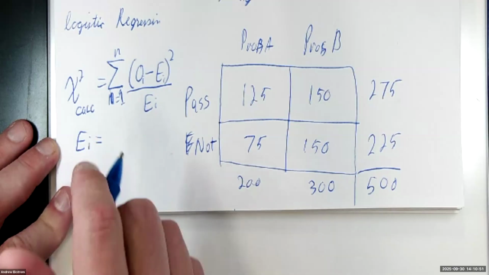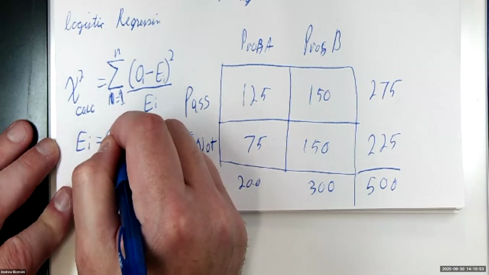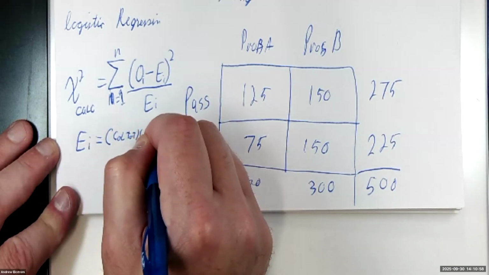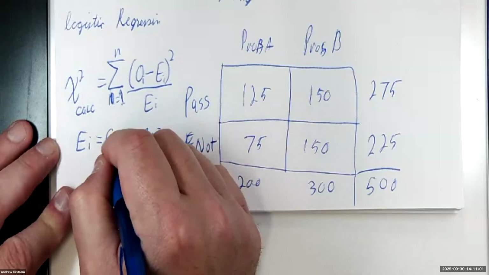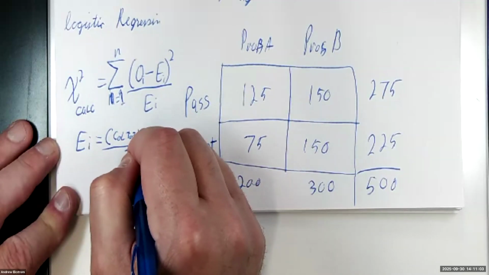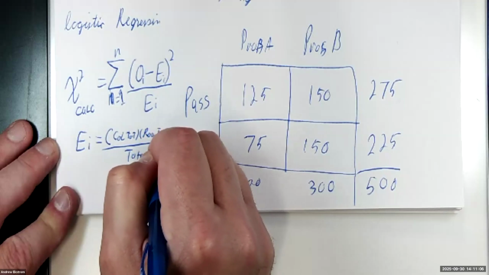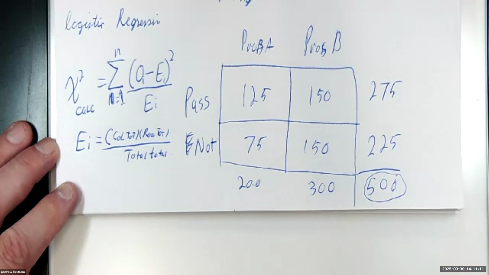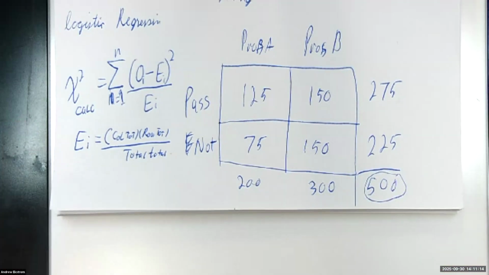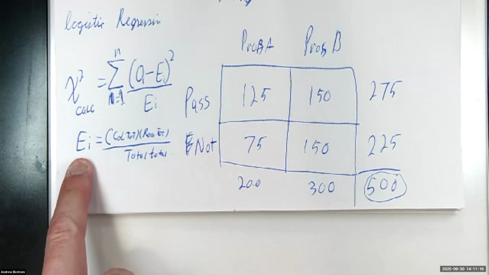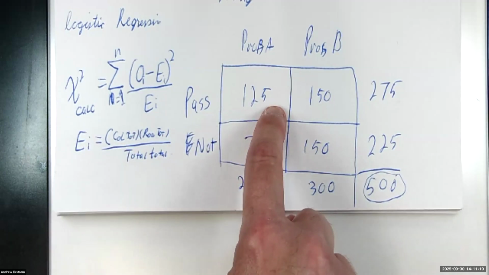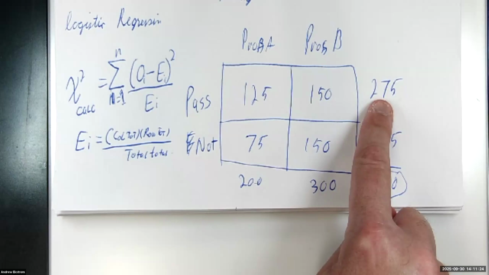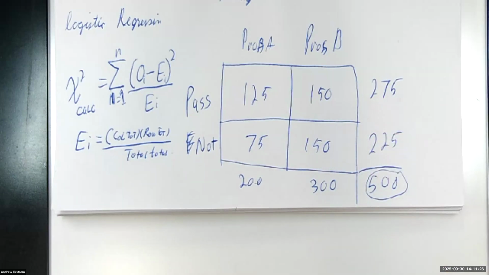Our expected value is going to be the column total times the row total divided by the total. So in this case, the denominator in all these fractions is going to be 500. And just as an example, if we want to calculate the expected value for, say, E1 here, it's going to be 200 times 275 divided by 500.